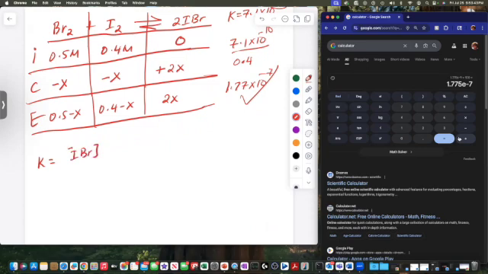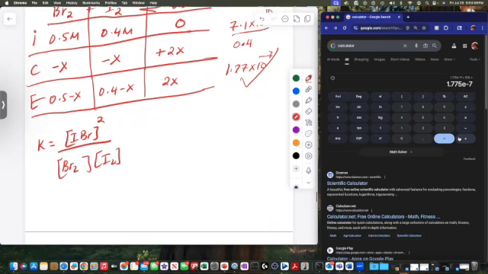[IBr] squared, and these are brackets, so not parentheses, over [Br2][I2], right? We know the 5% rule passed, so we can actually approximate that part there to 0, that part there to 0. Leave this one alone because the X is neither added nor subtracted, right?